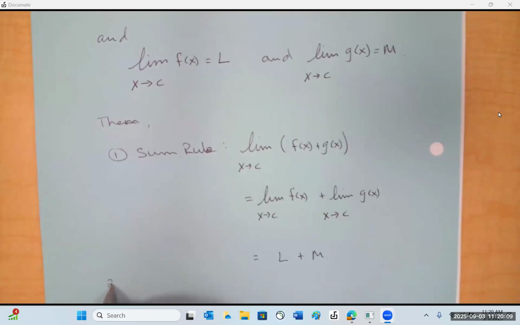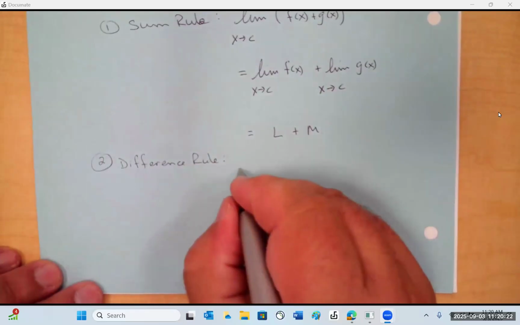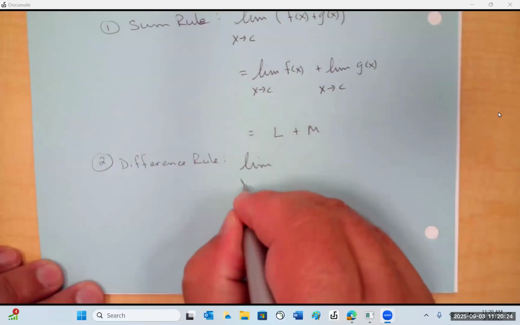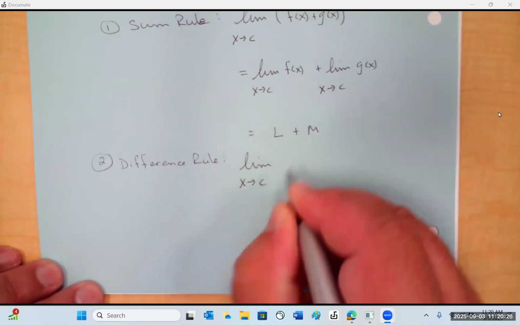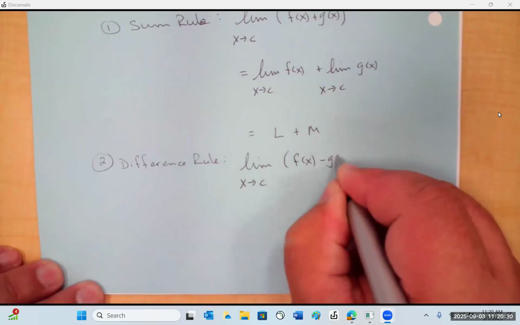The second one should have been with that first one. It's called the difference rule. And it deals with the limit as x approaches c of f of x minus g of x.